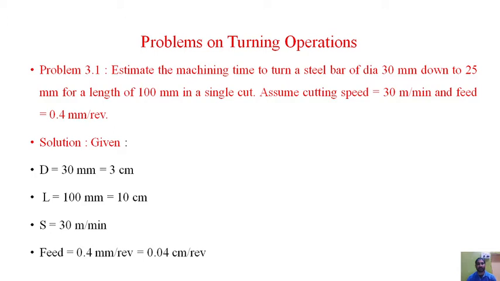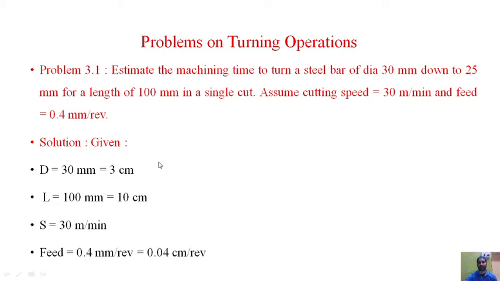So RPM is given by N equals 100 S by pi d. That is the reversal of the cutting speed formula, S equals pi d N by 1000. So your d you have to take in centimeter. The given diameter is 30 mm, 3 centimeter, L is 100 mm, 10 centimeter.